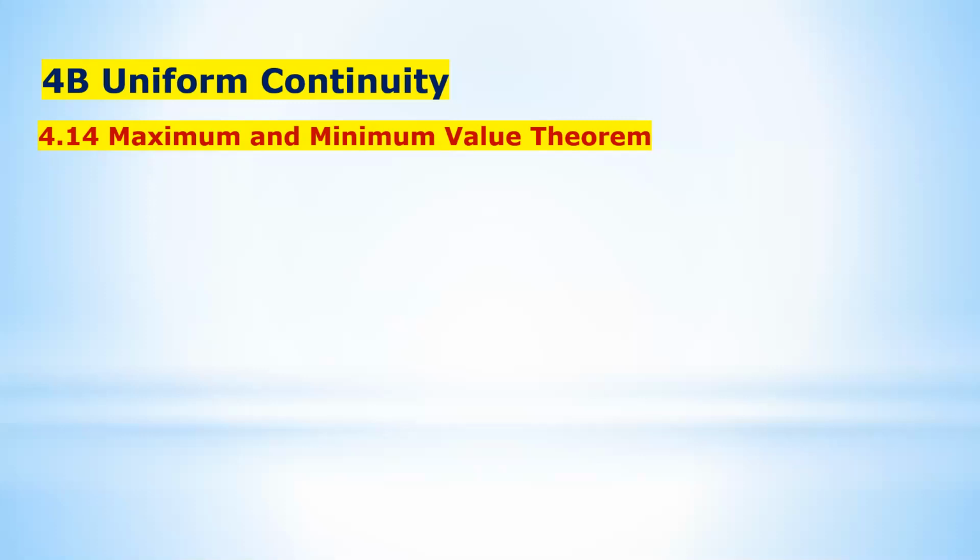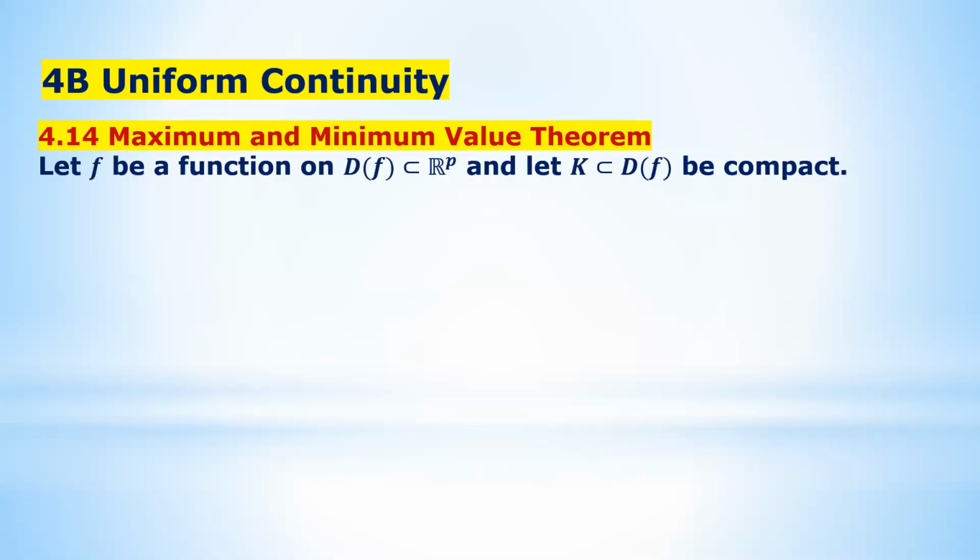Now here we give you another global result, called the maximum and minimum value theorem. This is another theorem regarding a continuous function on a compact set. Suppose you have a function f defined on D_f in the p-dimensional Euclidean space.